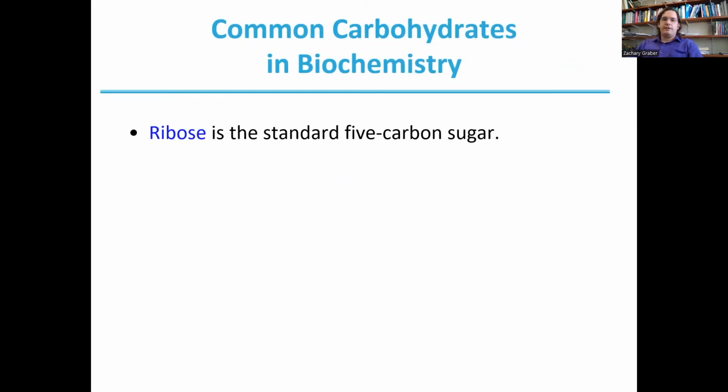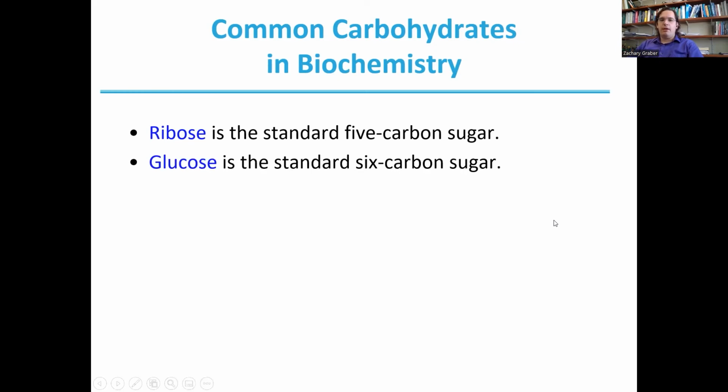Now that we've seen the basics of our monosaccharide structure, I want to look at some of the common monosaccharides that we see in our body. Ribose is, of course, our standard 5-carbon sugar. It's also found in our DNA and RNA. Glucose is our standard 6-carbon sugar. It acts as a key energy source throughout the body.